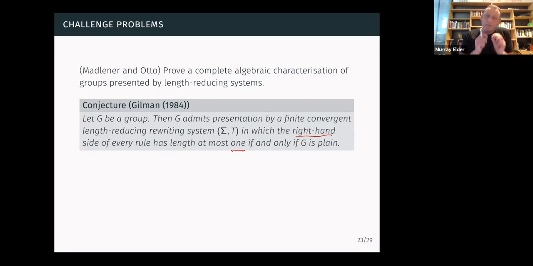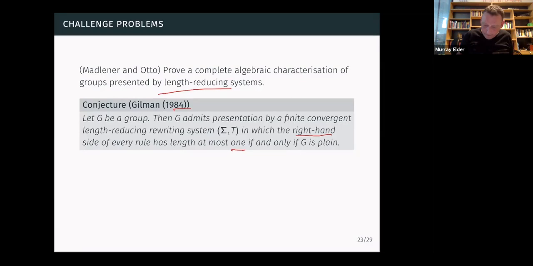He was saying, can we even do this? What if the rewriting system just has every rule going to either the empty word or just a single letter? Surely we would be able to do that, right? From 1984. And then for general length reducing, we'll have to think harder. So that was Gilman's conjecture, around since '84.